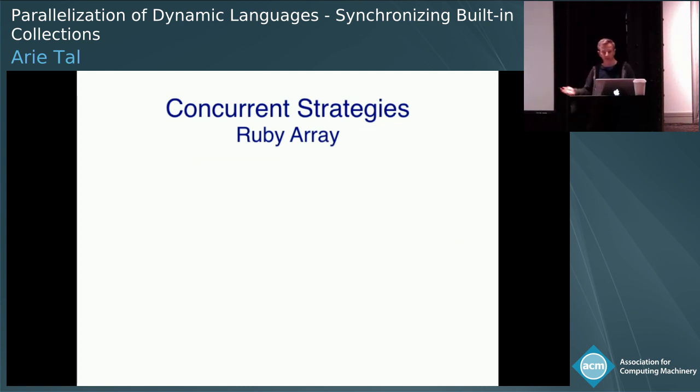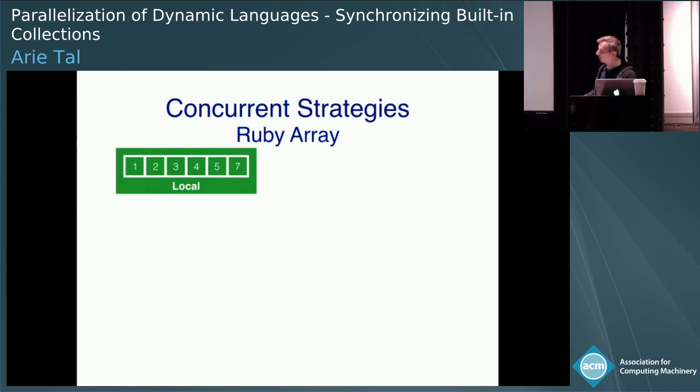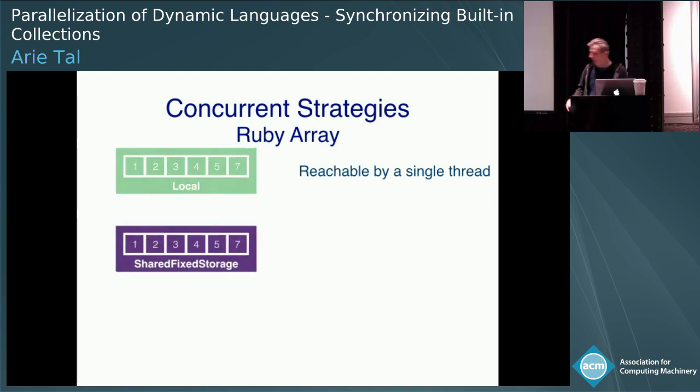Let's see some strategies for, say, Ruby array. So first of all, we have what we call the local strategy. Local strategy is basically when the array is reachable by a single thread, no synchronization, because no sharing, no need. We have the fixed storage strategy, which assumes that the array size and storage will not change, so there are no triggers that will change it.